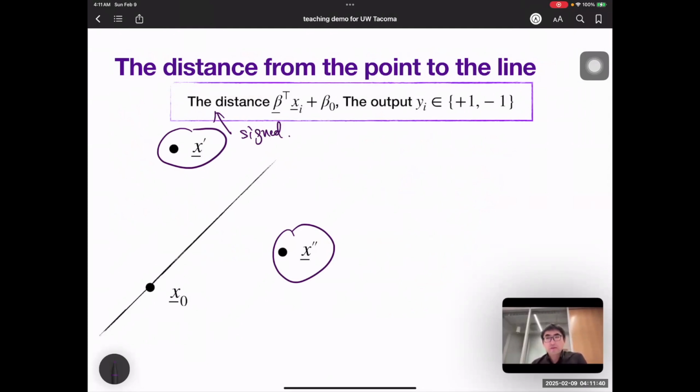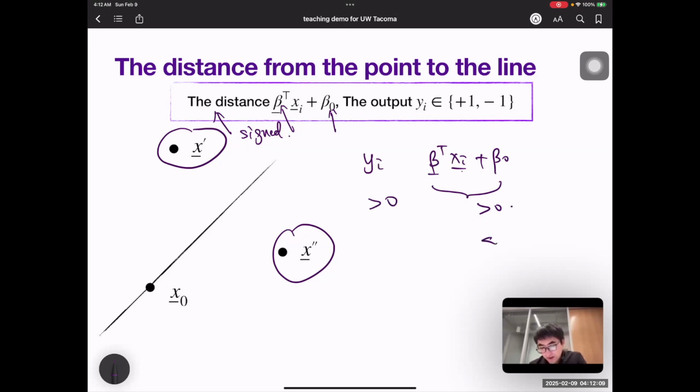To make this more straightforward, we can take into account the label of the data point. Assume beta and beta naught here can classify this boundary perfectly. When this value is positive, the y agrees with it and is positive.